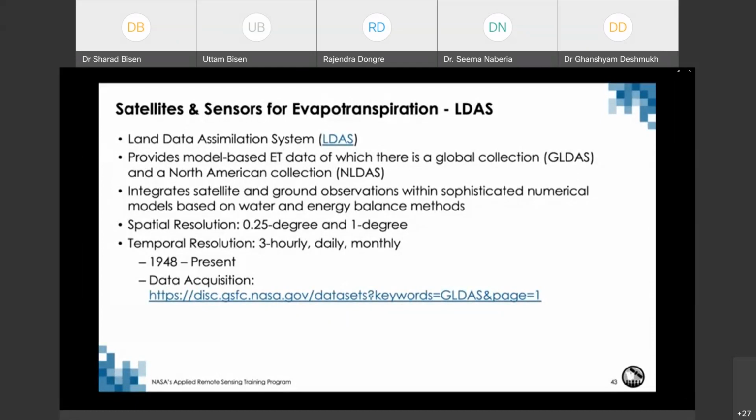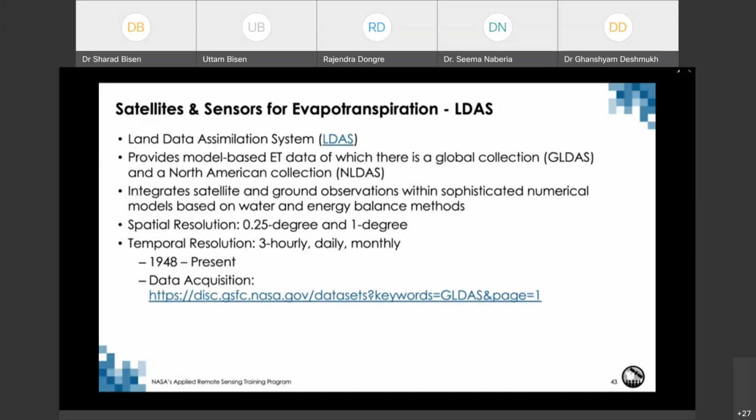LDAS provides model-based evapotranspiration data, of which there is a global collection called GLDAS and a North American collection called NLDAS. The spatial resolution of the data is 0.25 degrees and 1 degree. The temporal resolution is 3 hourly, daily, and monthly.